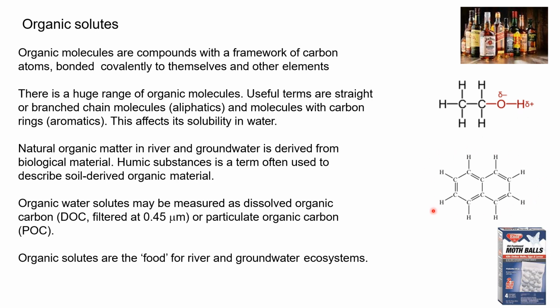The lower example is a carbon ring structure. So this has 2 carbon rings. This is one of a type of carbon molecule called a polycyclic aromatic hydrocarbon, often abbreviated to PAH. And this example is of something called naphthalene. Naphthalene was made as an ingredient in mothballs.